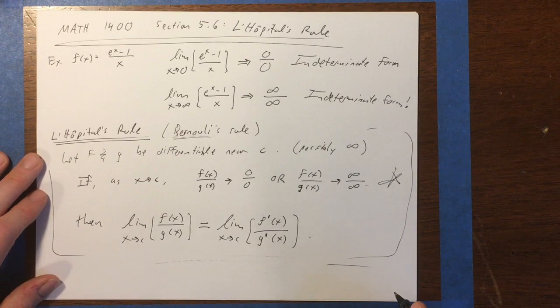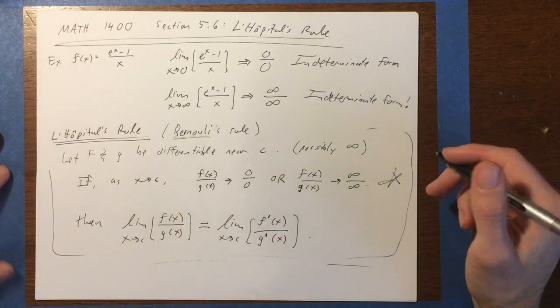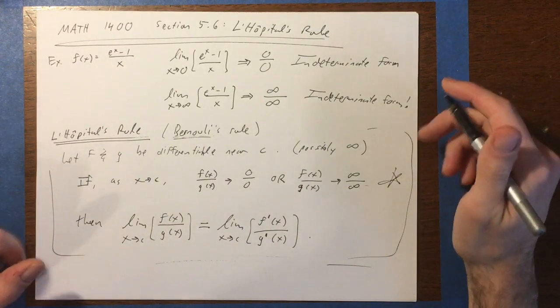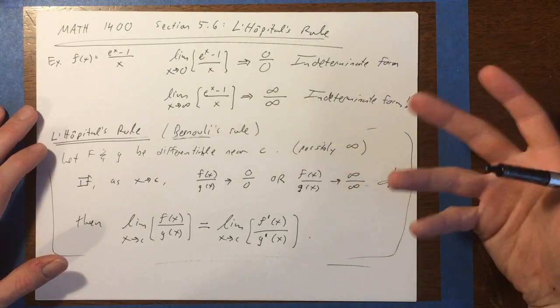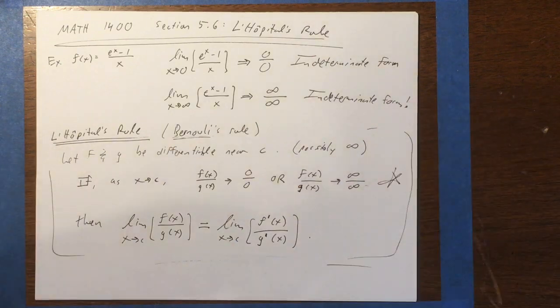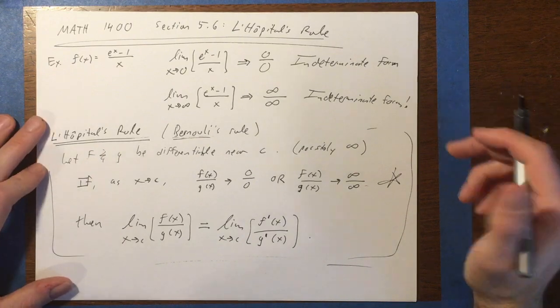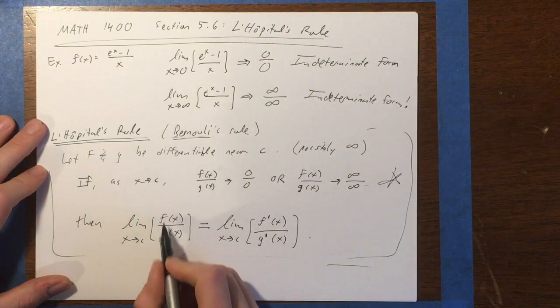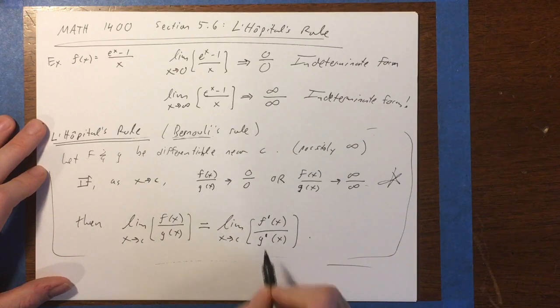Okay, so turns out this is super useful because when you differentiate something, often it gets simpler, especially when you're dealing with power functions and the power goes down by 1, or the derivative of a log function gives you 1 over x. Things get simpler often when you differentiate them, or at least if not simpler, they get different, which is key. Sometimes the ratio of functions is in an indeterminate form, but the ratio of its derivatives is not.